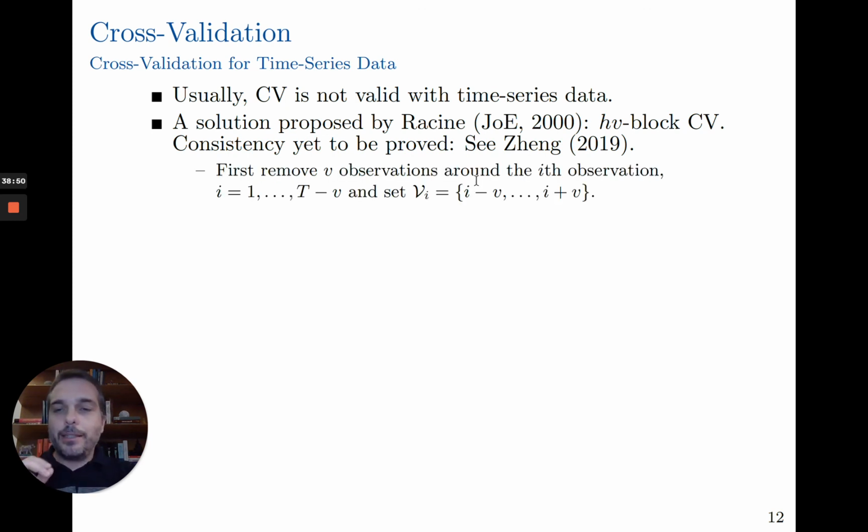So the idea is that we are going to create a void between two sets of observations, two samples. What we are going to do is the following. We take one specific observation and we are going to remove V observations around that sample.